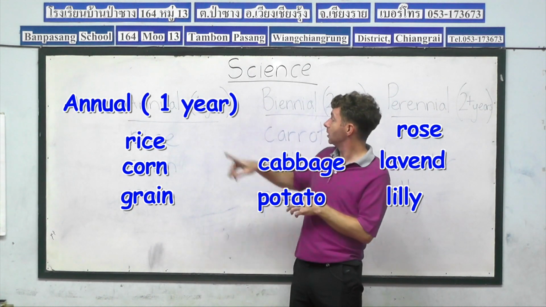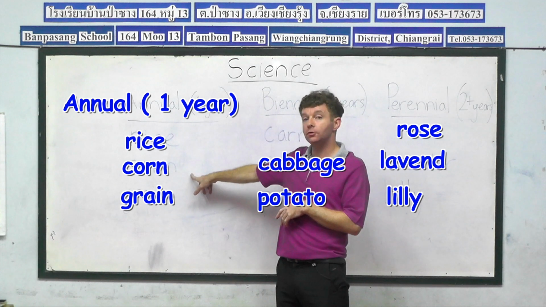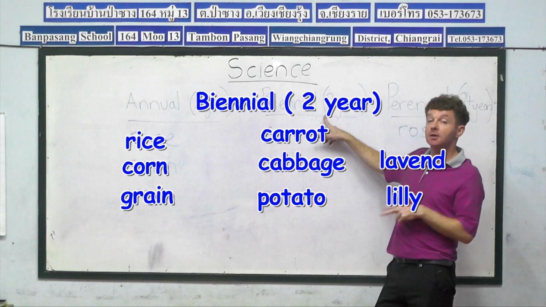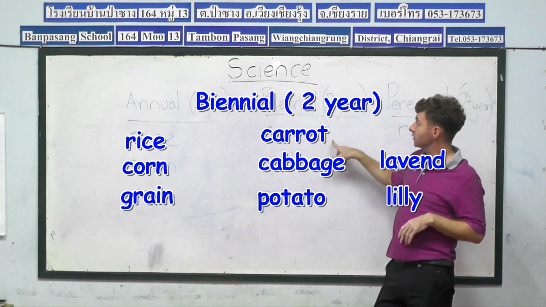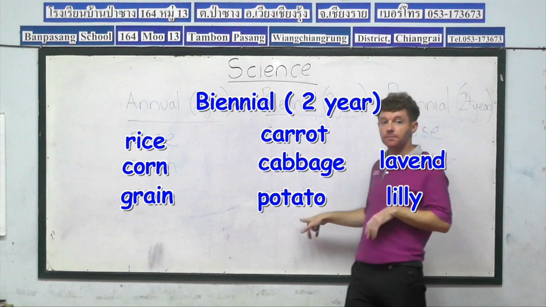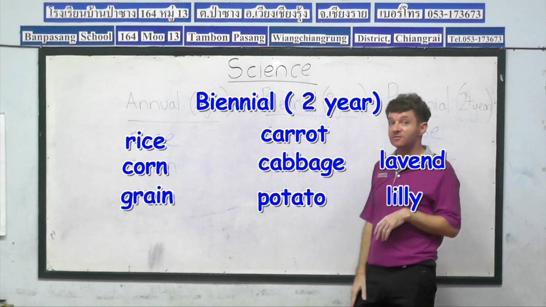Annual, 1 year. Rice, corn, grain. Biennial, 2 years. Carrot, cabbage, potato. Yes, you'll notice all of these types of plants are vegetables.